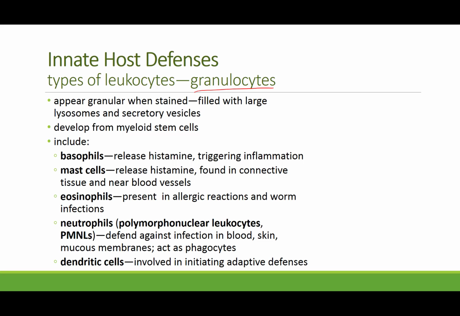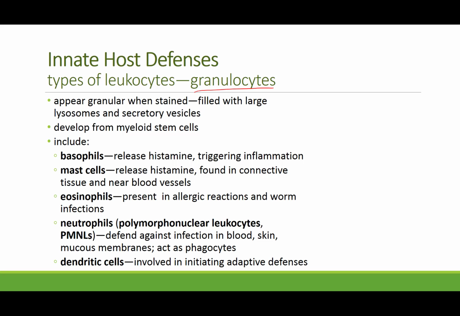Remember, lysosomes are little membranous sacs that are filled with digestive enzymes. Secretory vesicles are filled with whatever cell product the cell might make. The granulocytes develop from the myeloid stem cells that are produced from that pluripotent stem cell as it divides and grows and divides and grows and divides.